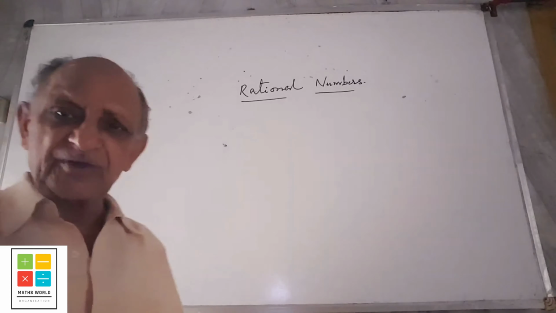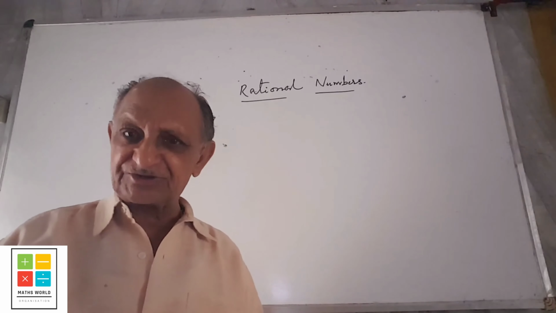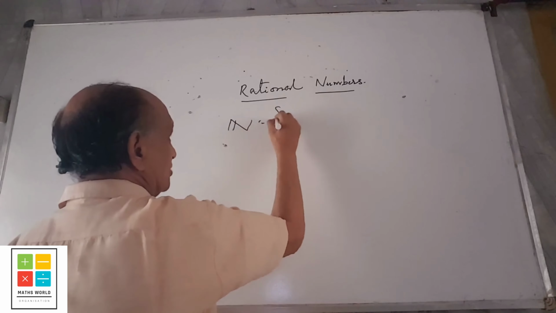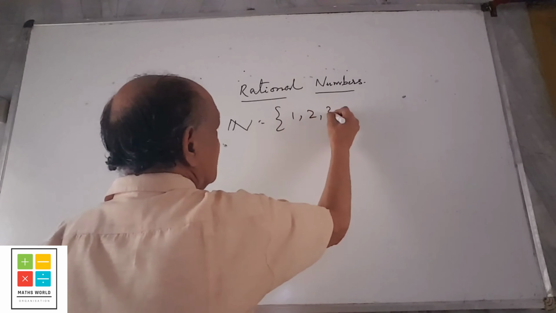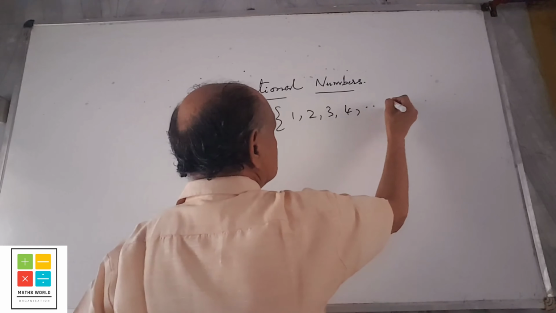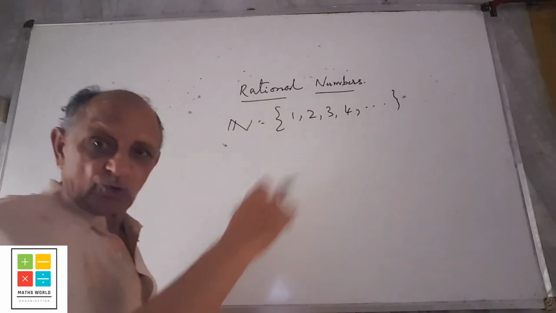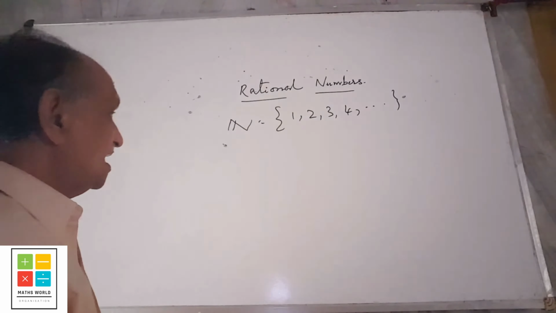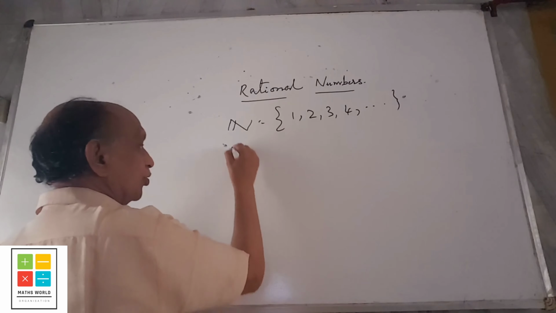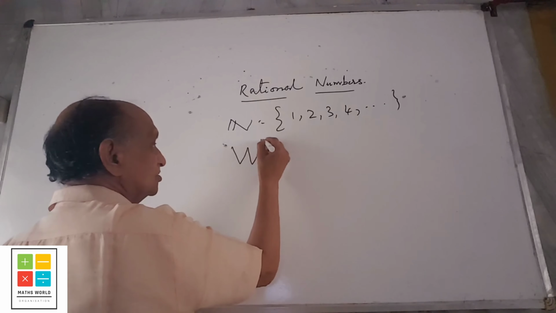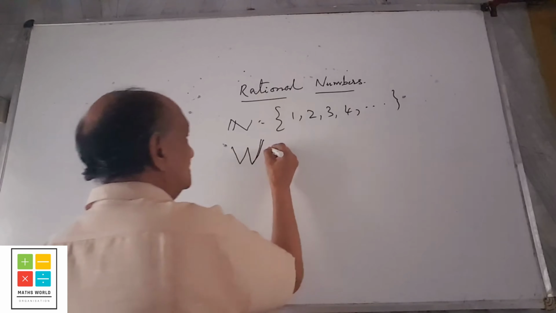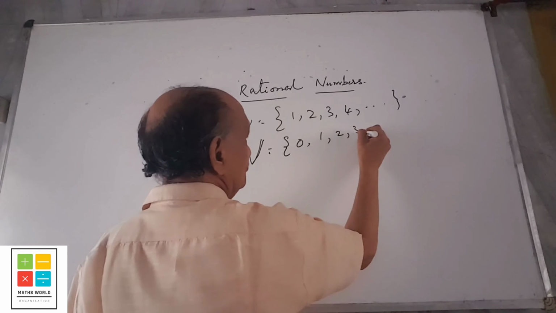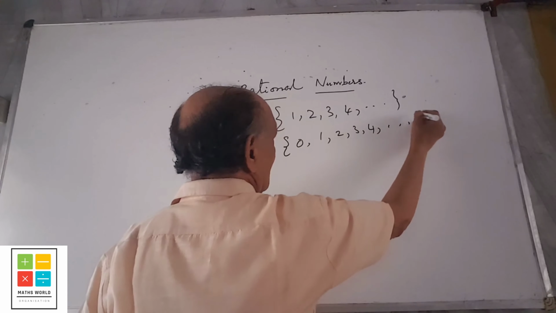Usually, you are familiar with the natural numbers. A set of natural numbers means we start with 1, 2, 3, 4, like this, infinitely many. You can go on writing. This is the set of natural numbers. And we have the set of whole numbers. A set of whole numbers includes 0, 1, 2, 3, 4, dot, dot, dot.